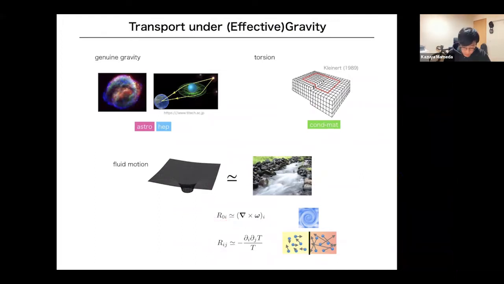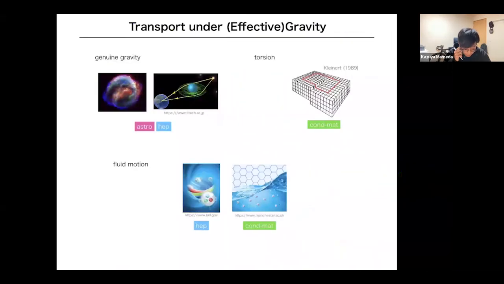So in this sense, the kinetic theory under the gravitational effect can be applied to the usual kinetic theory under the background fluid motion. And this means that our new formulation can be applied to heavy ion collision experiments with strong vorticity or condensed matter physics with a fluid of Dirac fermions.